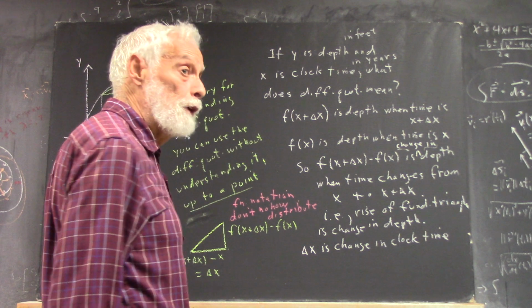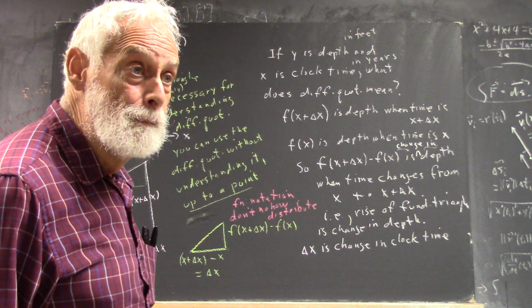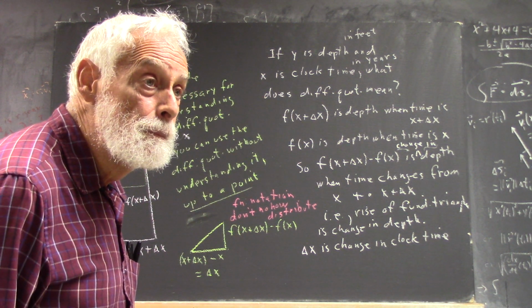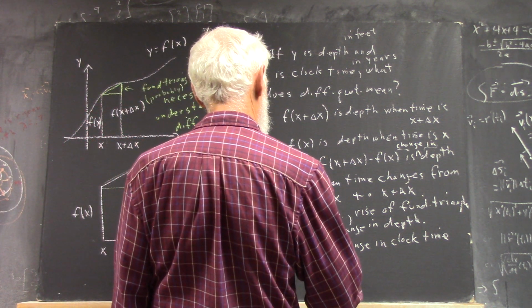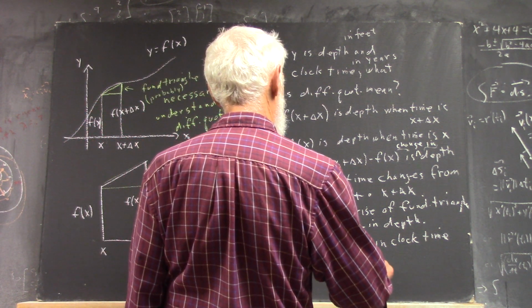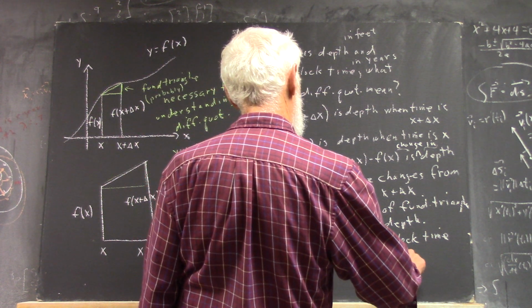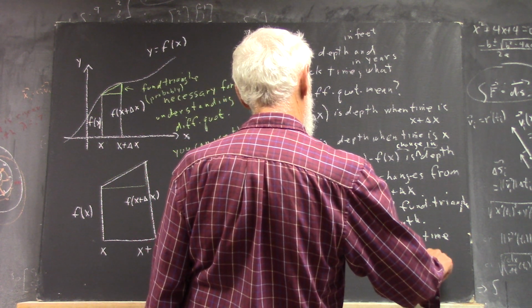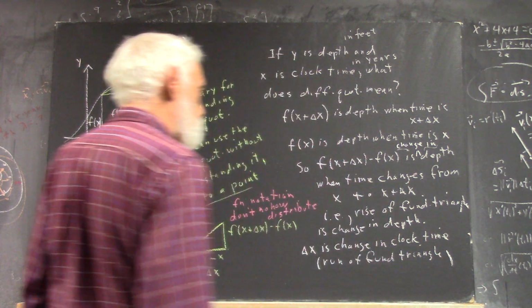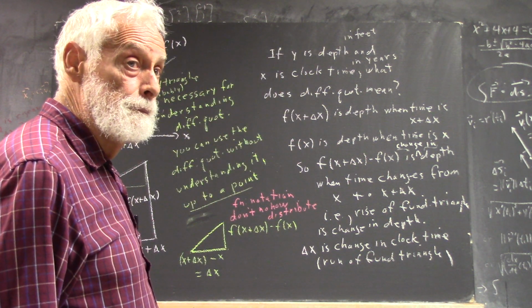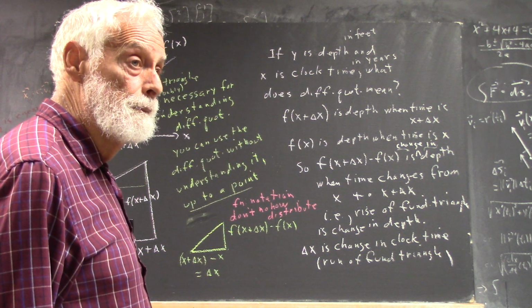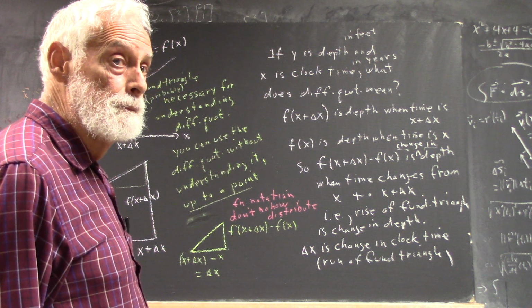Delta x is the change in clock time, right? And it's the run of the fundamental triangle. Okay?